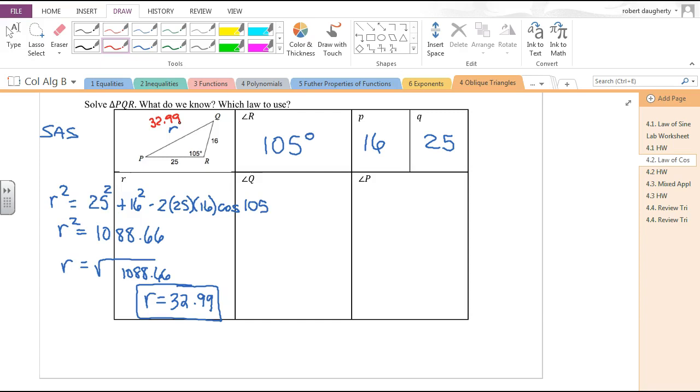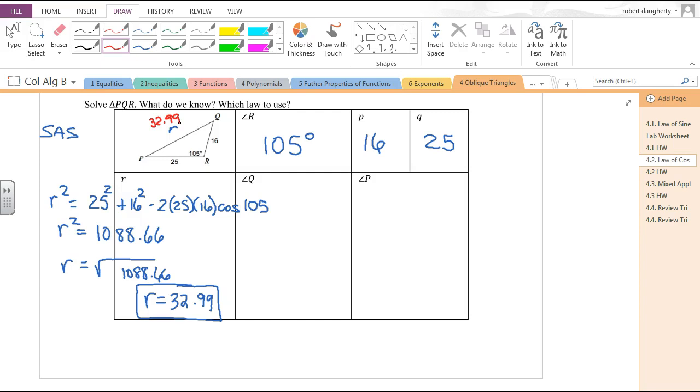I'm going to use the law of cosine in order to do that. Let's solve for angle P since I've got more space to work on that one. Once I get angle P, how do you think I will get angle Q? Subtract from 180, because once you know two of the angles, you're good to go. If I need to figure out angle Q using the law of cosine, I'm going to say 25 squared equals what?